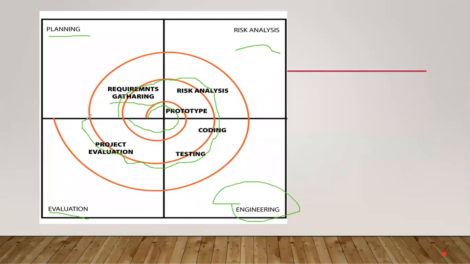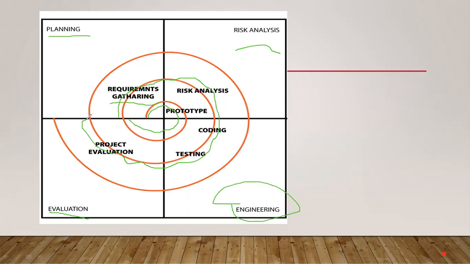Like that, everything is planned in this manner. So automatically the spiral structure will be built in this process. That's why this model is called a spiral model.